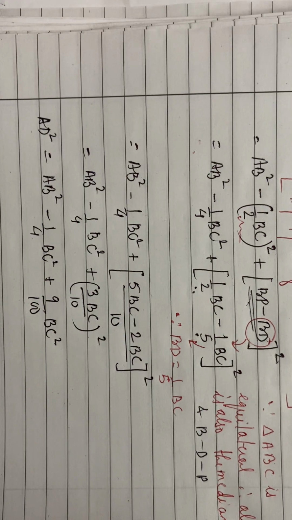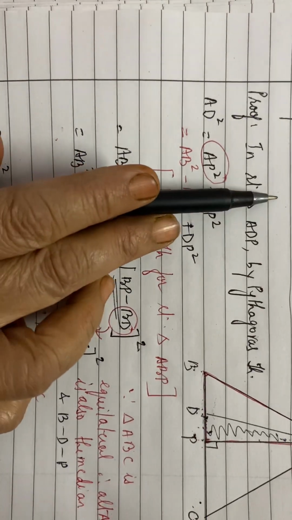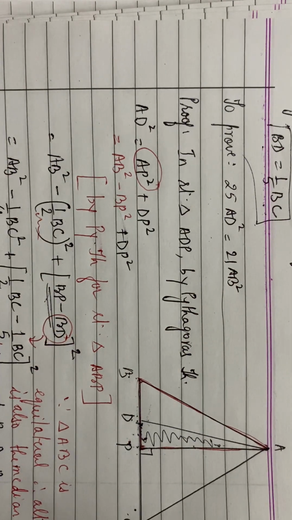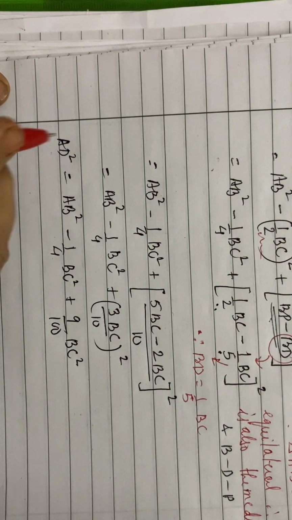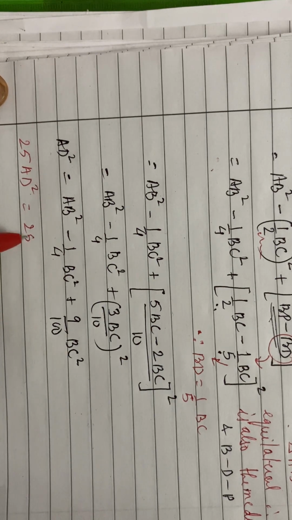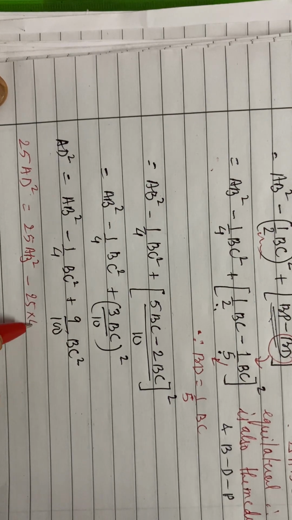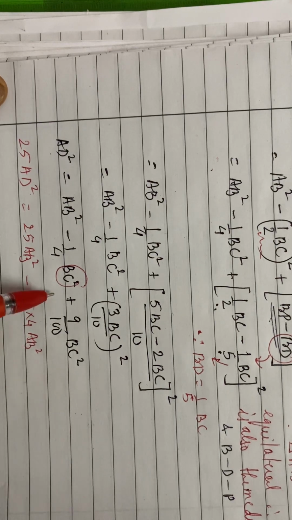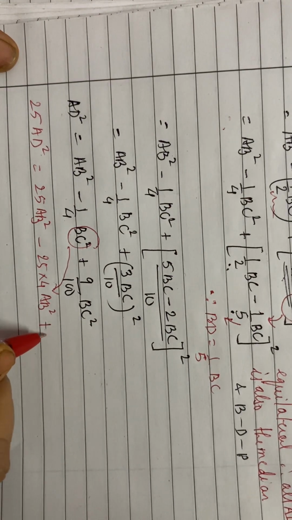Fine. Now come to this claim. It says 25 times AD square should be equal to 21 times AB square. So now here we multiply the equation by 25. So 25 times AD square is 25 times AB square minus 25 into 4 times. Instead of this BC, I am putting AB. Why? Because triangle ABC is an equilateral triangle. Okay?